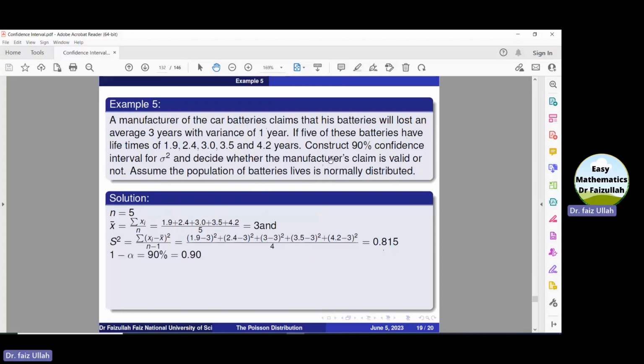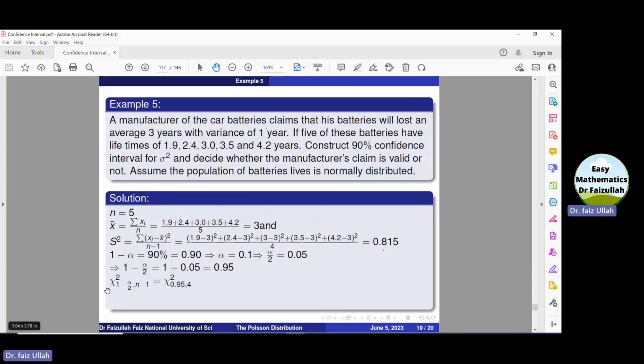As we are required to construct a 90% confidence interval, we put 1 minus alpha is equal to 90%, which is equal to 0.90. After simplification, we get the value of alpha and then the value of alpha by 2. Now we also need the value of 1 minus alpha by 2, which is 0.95 after simplification.